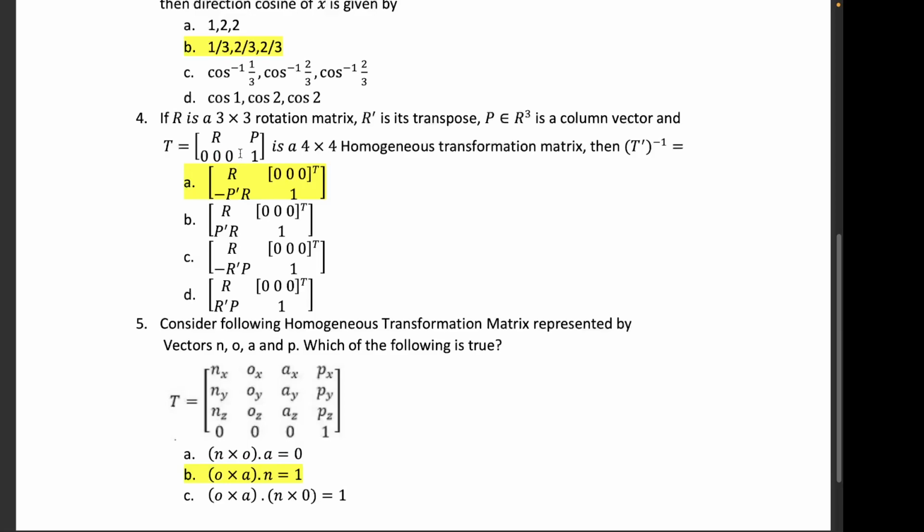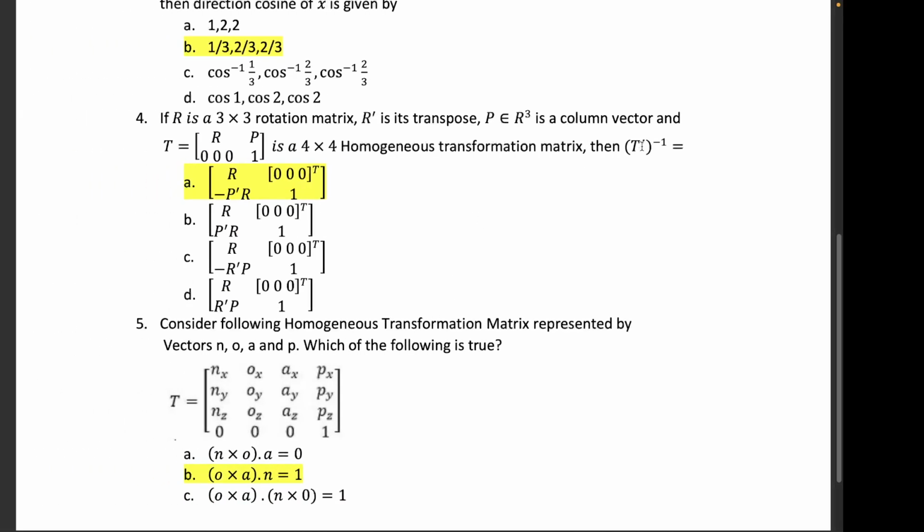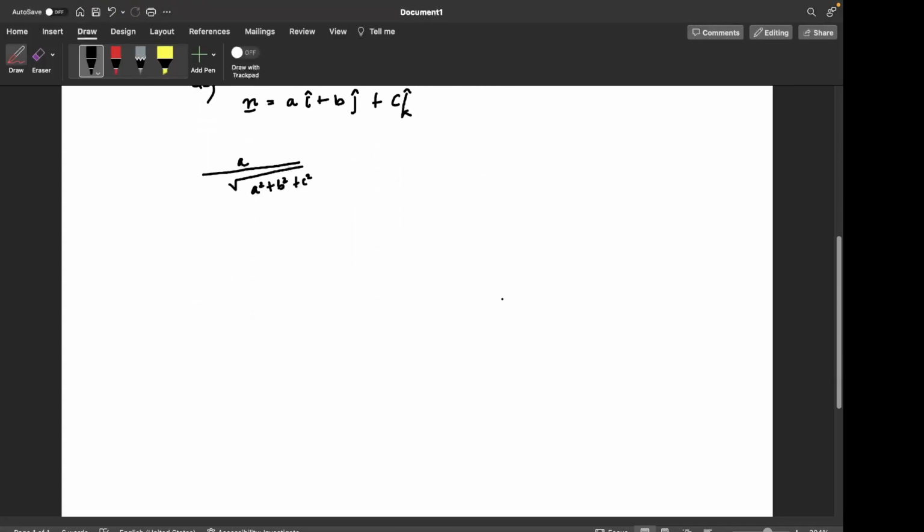What is asked here is the inverse of the transpose of the homogeneous transformation matrix. This is question number 4, I think.